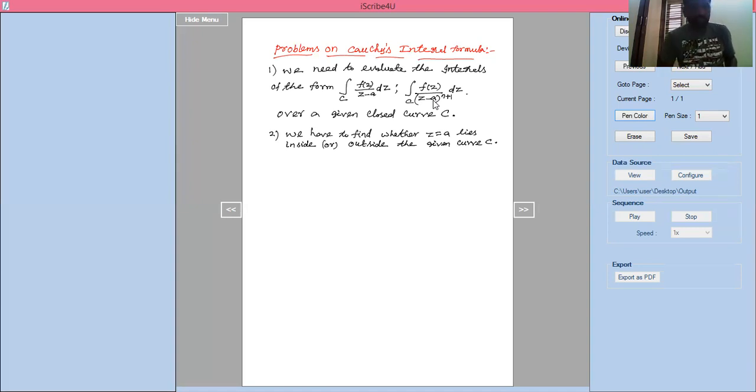If it lies outside the circle, then the integral will be 0.